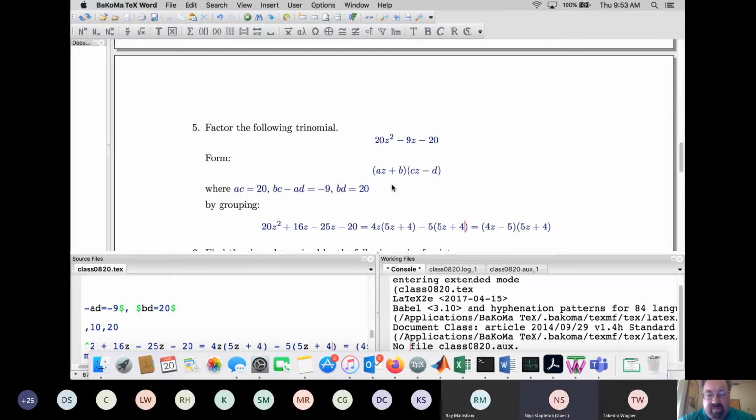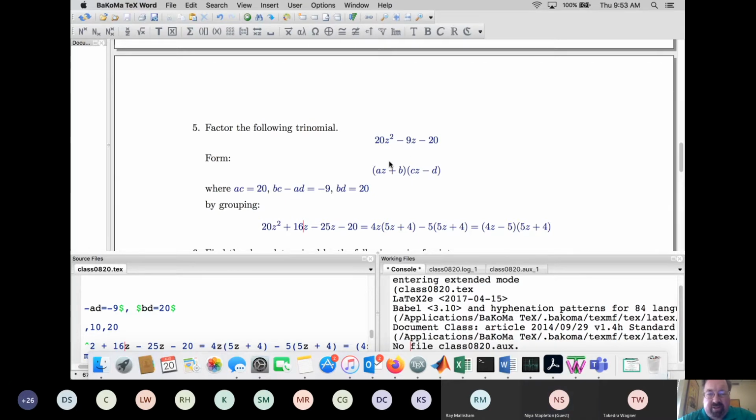I have a question. Where did 16 and negative 25 come from? Okay, so here's what I did. I wanted to find two numbers that sum to minus 9.